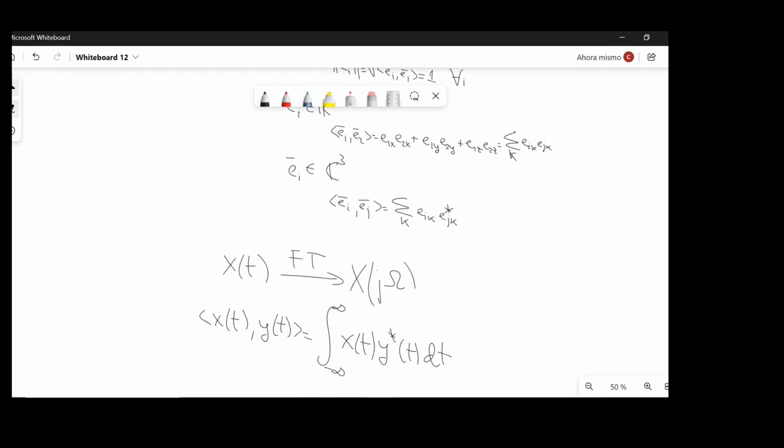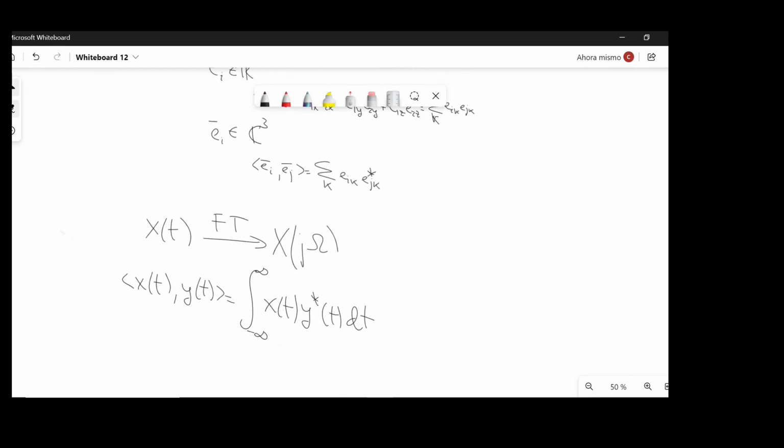Okay, so then what is this one? If I follow my rule from before, it should be the inner product between my signal and my basis. What is my basis now? It is e to the j omega t. So this is the inner product. Actually, this is the integral that you calculate when you do that.